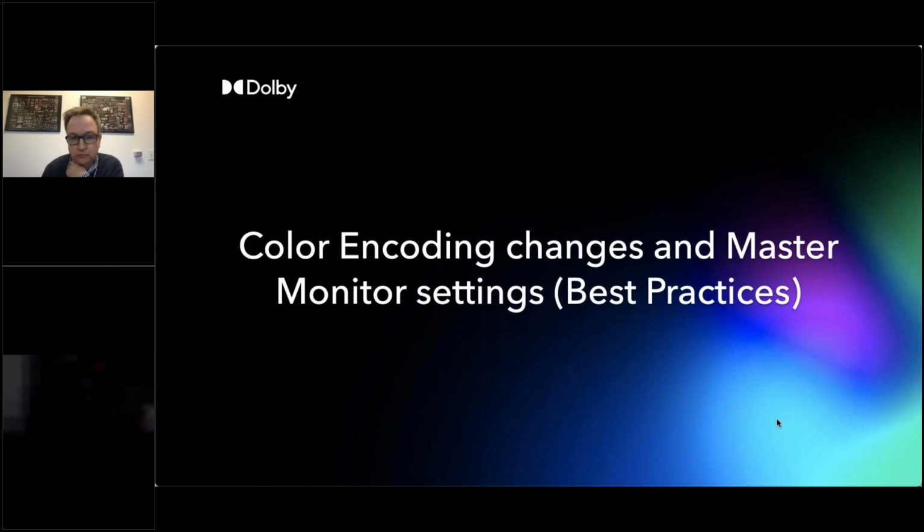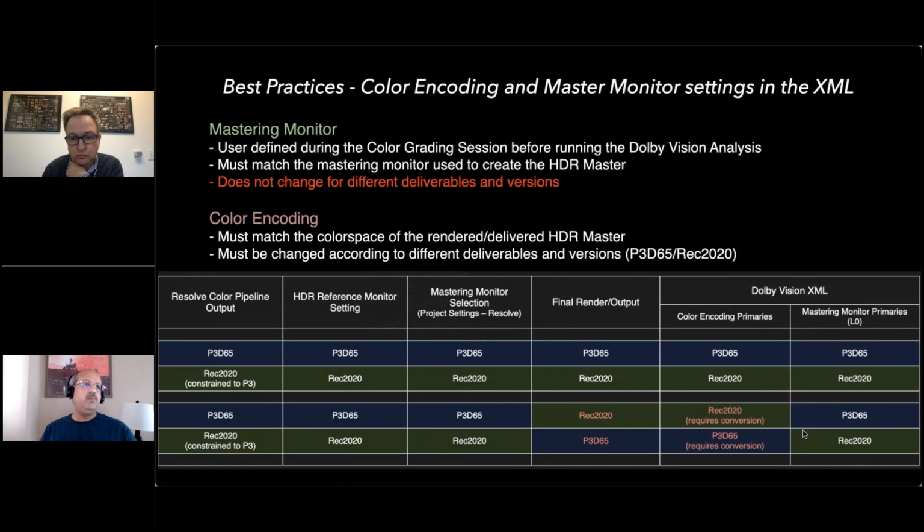All right. Yep. So we keep getting this question, and that's the reason we thought we should talk about it. When you work in a certain format, let's say P3, and then you have to make a deliverable in Rec 2020, there are a few things you have to do.